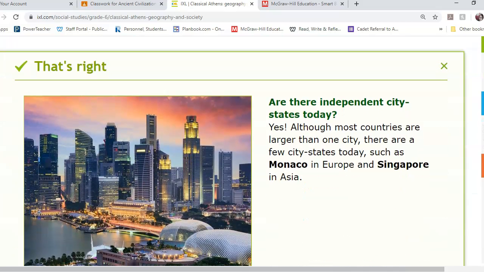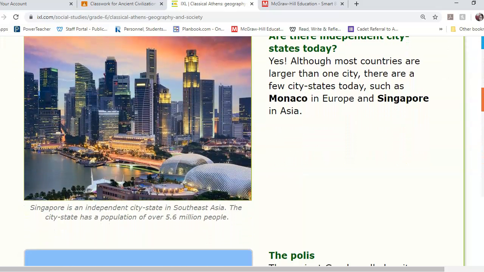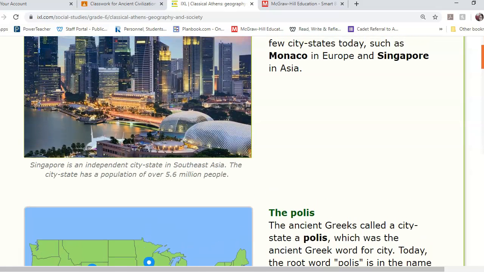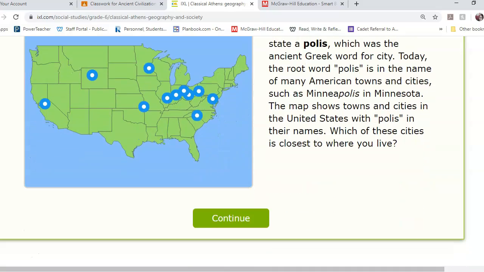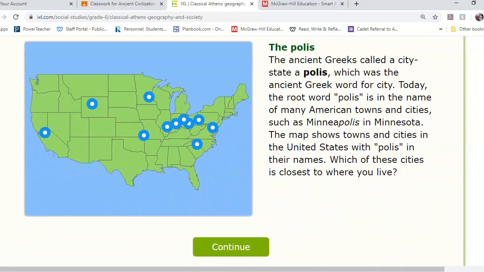Are there independent city-states today? Yes. Although most countries are larger than one city, there are a few city-states today, such as Monaco in Europe and Singapore in Asia. This is going to give us some information about the polis. It's a city-state. That's what they call it. Go ahead and read through this.